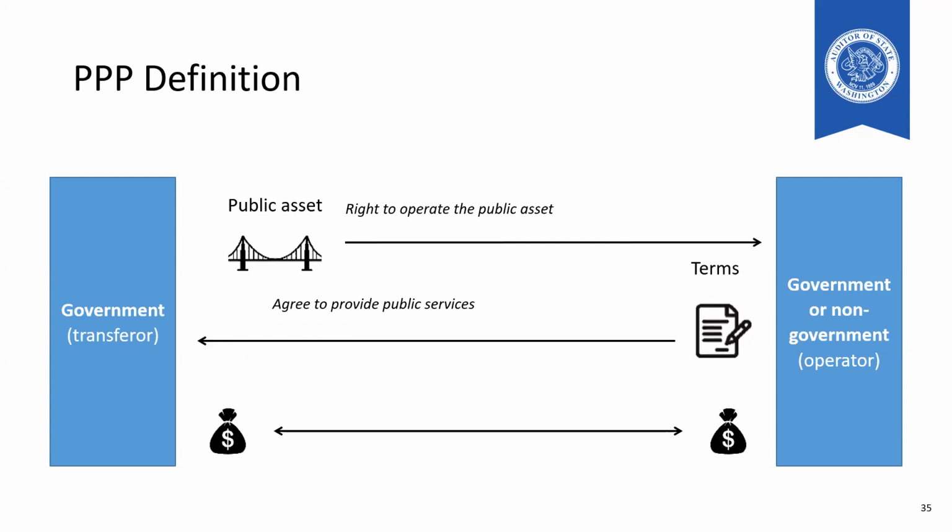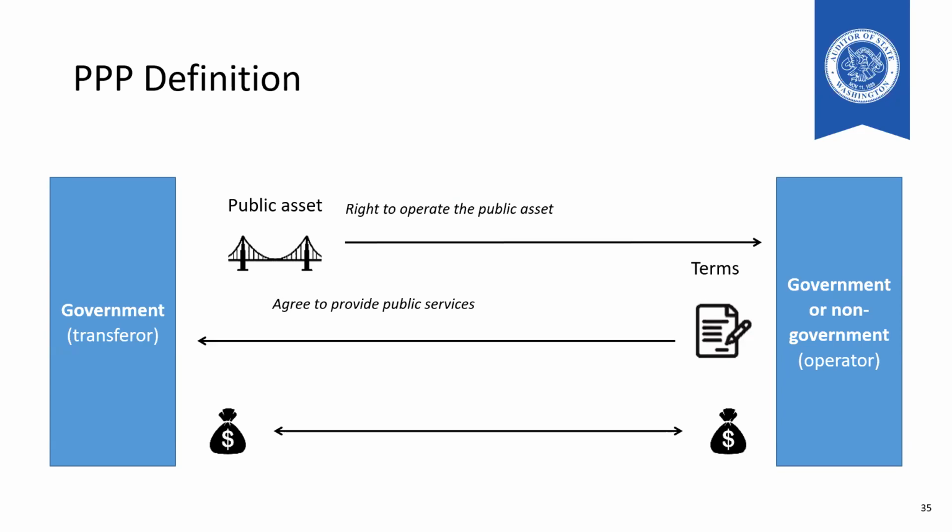On the one side, we have the government transferor. In order for this to be a PPP, the transferor must be a government. On the other side, we have the operator. The operator can be another government, in which case this would be a public-public partnership, or the operator can be a non-government entity, in which case it would be a public-private partnership.